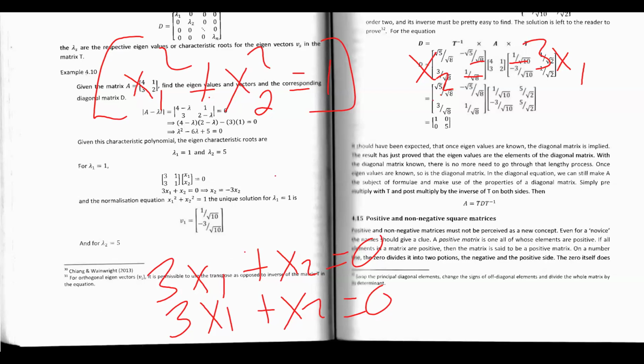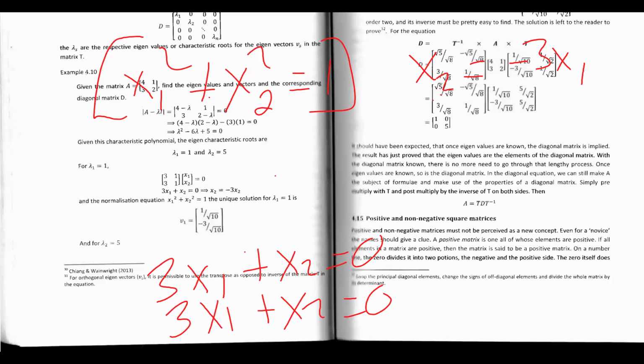I want to be writing the steps nicely. So then we normalize using the formula: x1 squared plus x2 squared equals 1. Then you substitute, right?